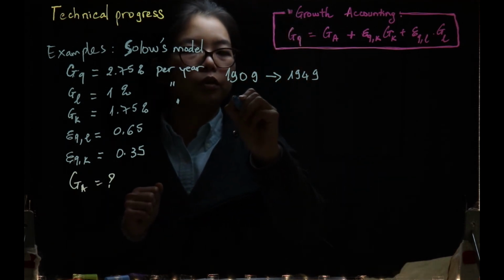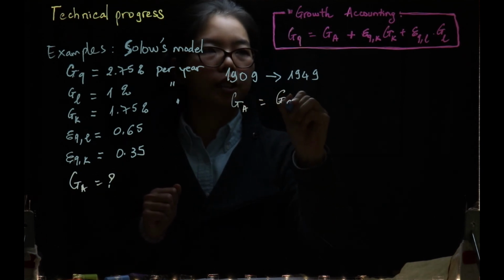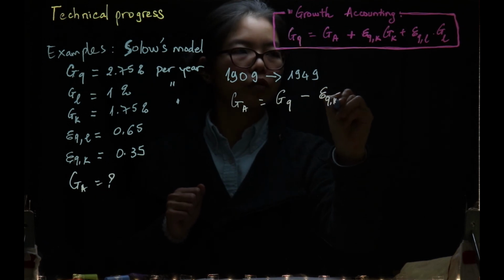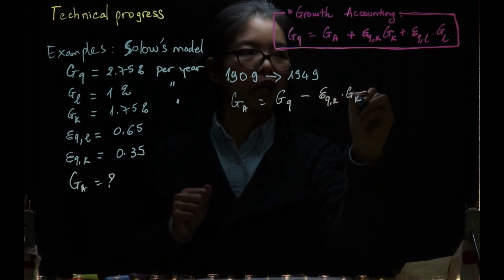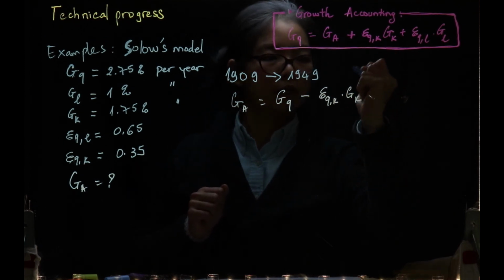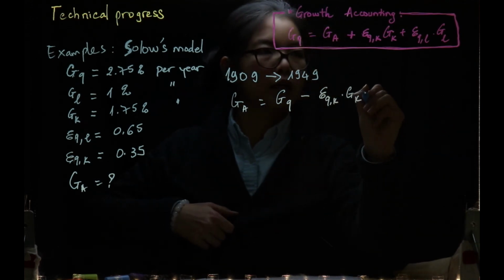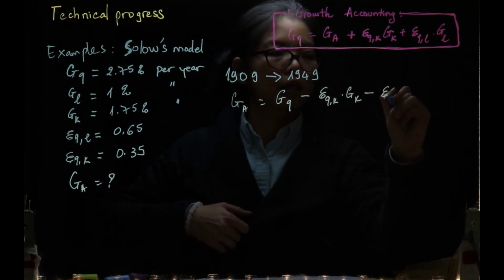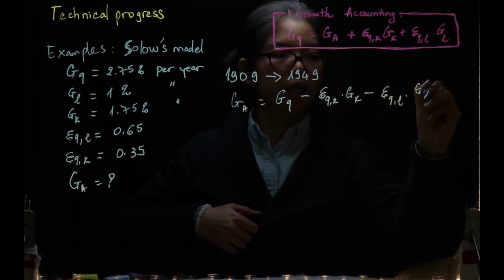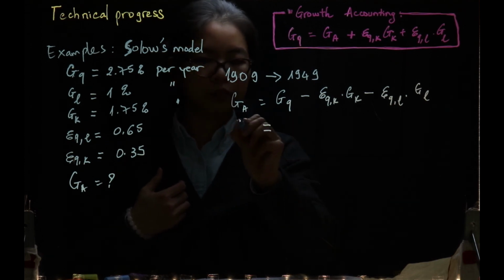So for that we will write GA equals GQ minus elasticity of Q with respect to K times GK for capital. Oops. Not plus here, but should also be minus, because now we put everything to the left hand side. Minus elasticity of Q with respect to L times GL, right? And now we have every number just plugged in.